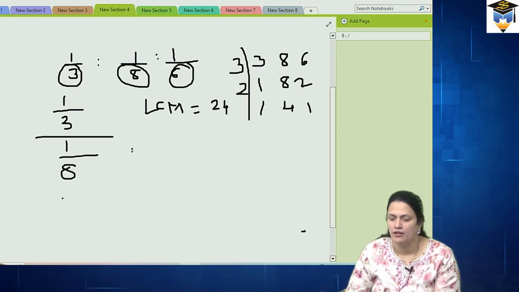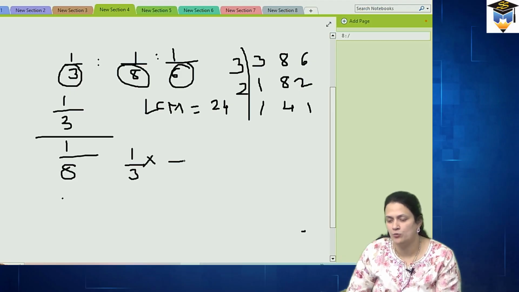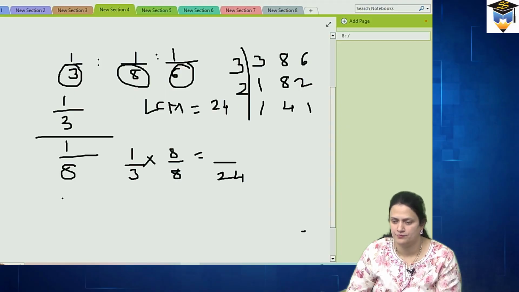So now tell me, 1 upon 3 multiplied by how much will give me 24? Correct? Next, 1 upon 8 multiplied by what will give me 24?